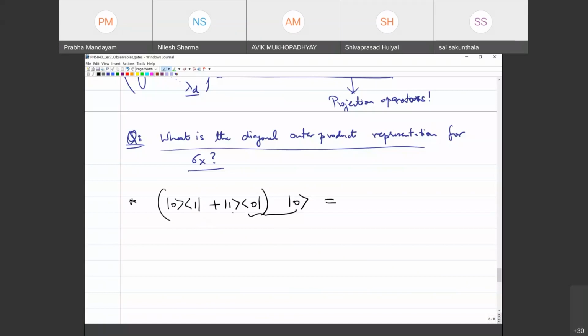This part doesn't contribute. It actually destroys the ket 0 completely, right? So you have to do this term by term. So let's do the first term. This is 0, 1 acting on ket 0 plus 1, 0 acting on ket 0. 0, 1: this inner product goes away. This inner product is 1. So it gives me 1.